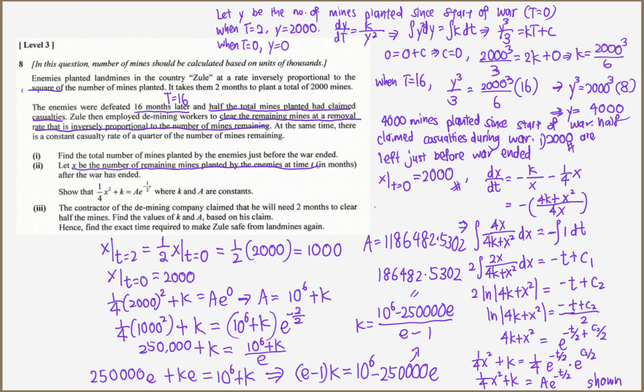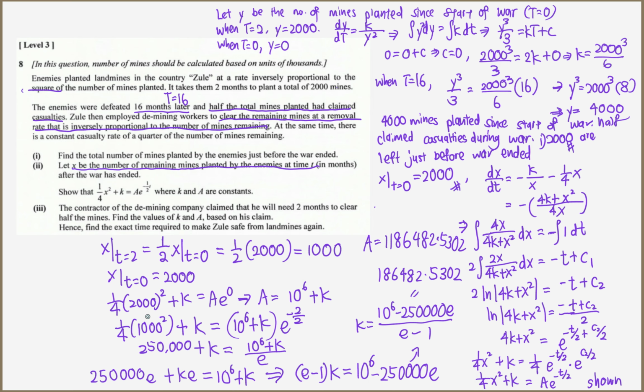Next, we use the other information: when time equals 2, x equals 1000. So I substitute 1000 into the equation again.